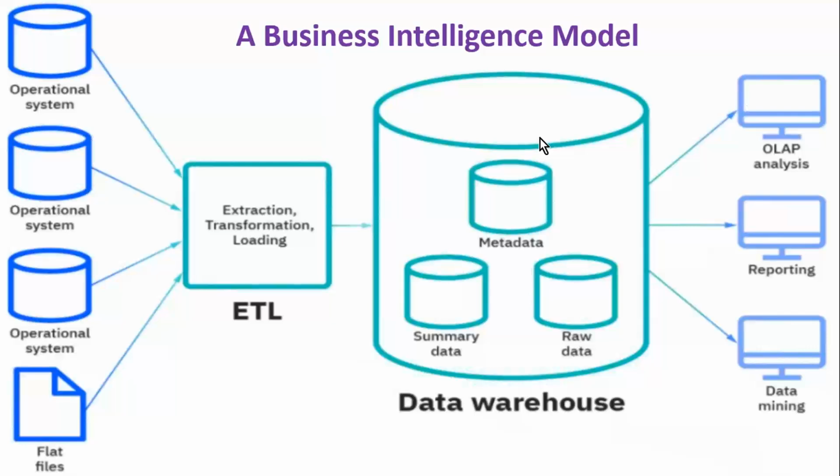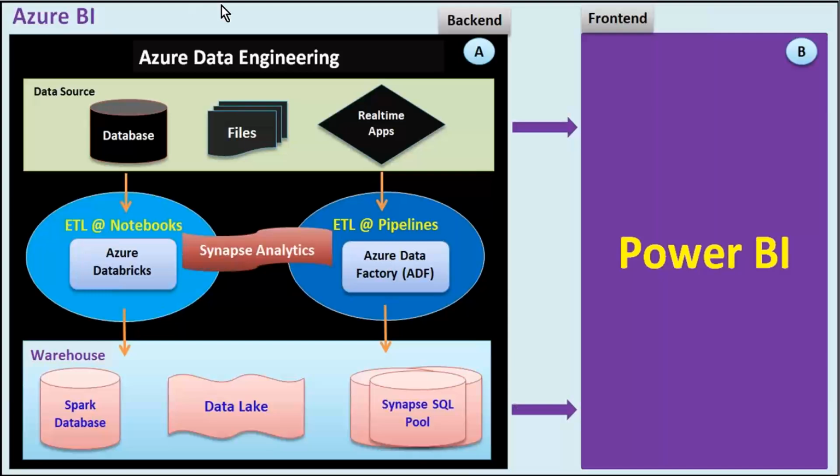From Microsoft, let's add color to this diagram and you see Azure BI. Data engineering backend, Power BI frontend. Together is equal to Azure BI. We need to work with various data sources. It would be databases or files or real-time apps, part of our course.